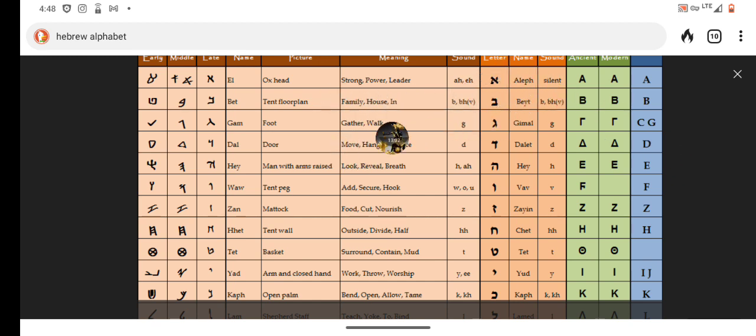Aleph: strong power, leader. Bet: tent, floor plan. This is your ancient love story. Gimel: foot, gather, walk. This is what's happening right now. We're gathering. We about to walk up out of here. Dalet: door, move, hang, entrance.